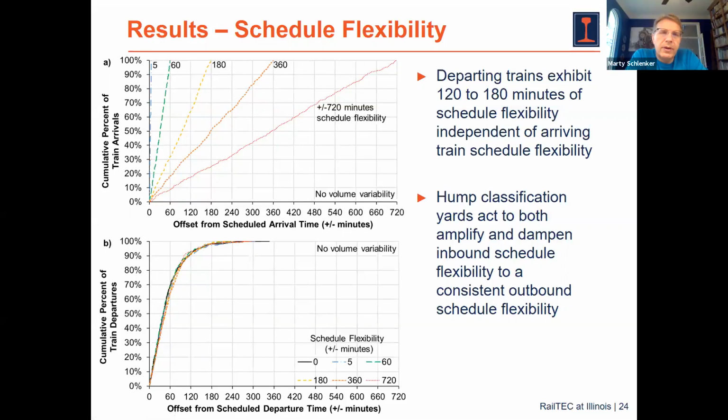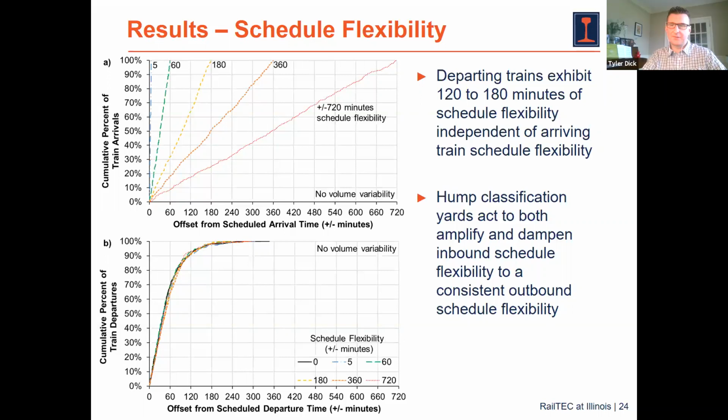Hey, Tyler. Marty? I'm not sure how explicitly you modeled inbound to outbound locomotive and crew connections. It strikes me that one of the things that would allow a yard to continue to function effectively and put out outbound trains in a relatively reliable way is if there was a slush fund, if you will, of locomotives available at the terminal, so that delays to inbound trains did not compromise the ability to build and depart outbound trains in a one-to-one power connection case.